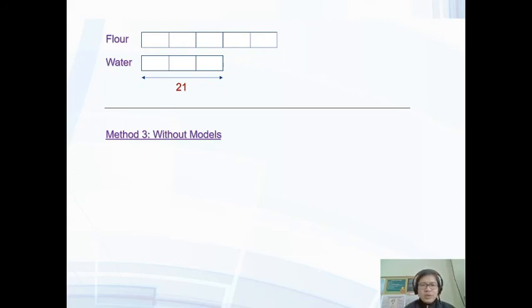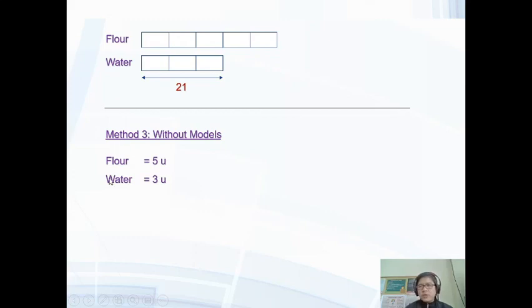As you know, these bar models come from the ratio 5 to 3. So when we talk about the ratio 5 to 3, we can think directly about the number of the units. So flour is having 5 units, water is 3 units. This one comes from our ratio. One more time, this one comes from our ratio.